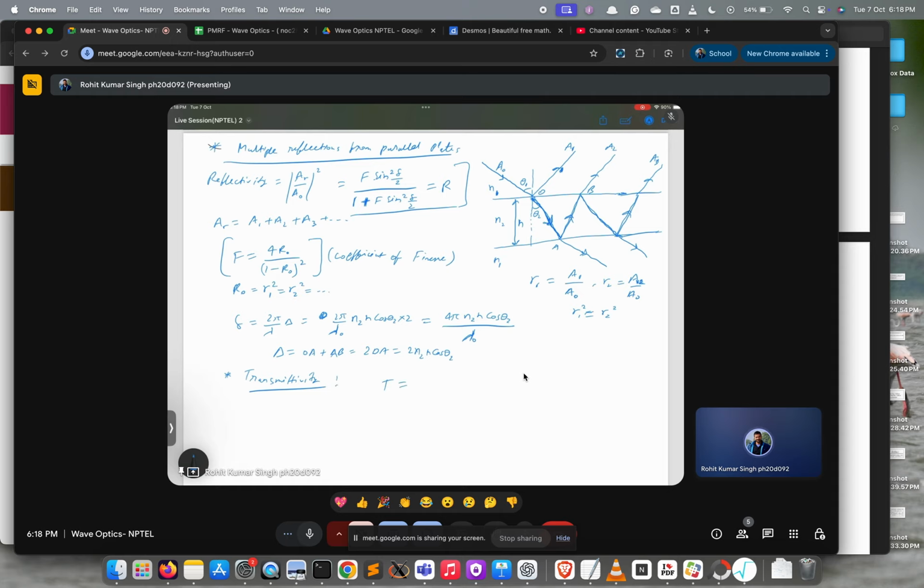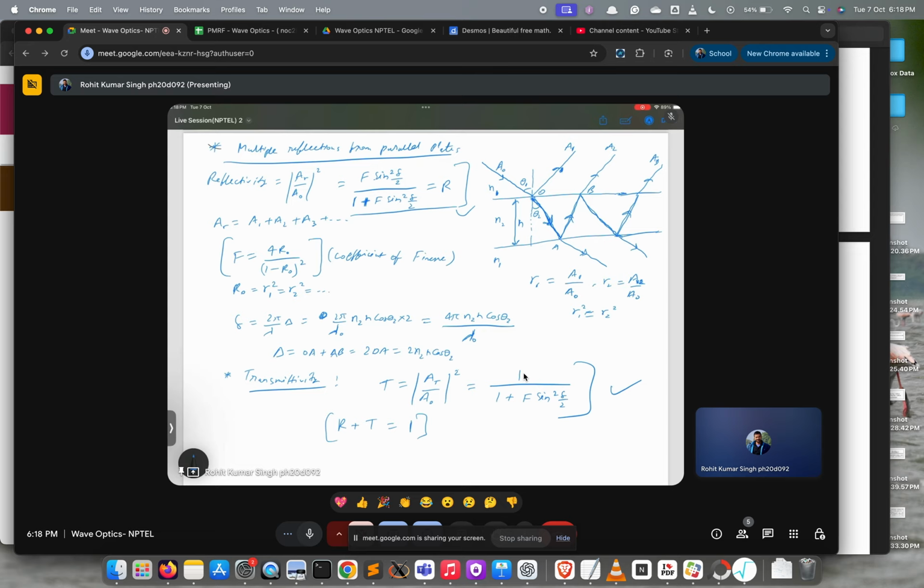So this transmittivity is basically the square of the transmitted amplitude divided by the incident amplitude, and this is given by this formula. And you can see here that if you add the reflectivity and transmittivity, you get 1. Which makes sense, right?